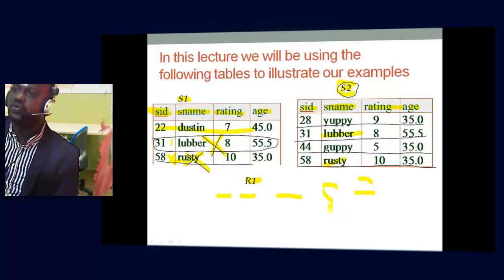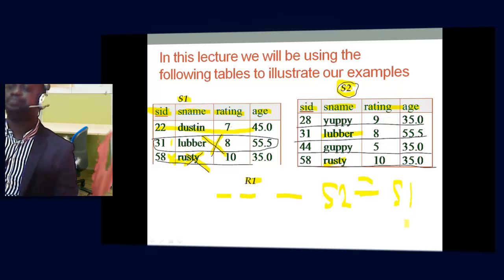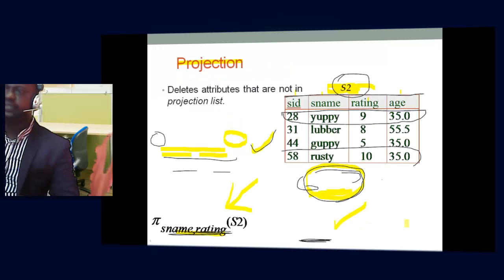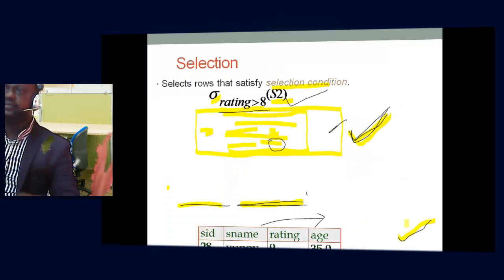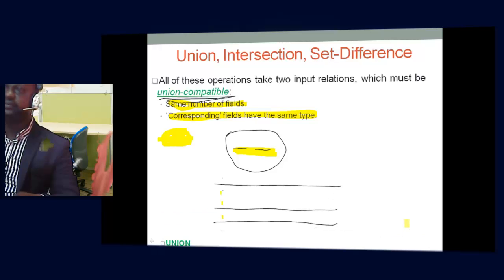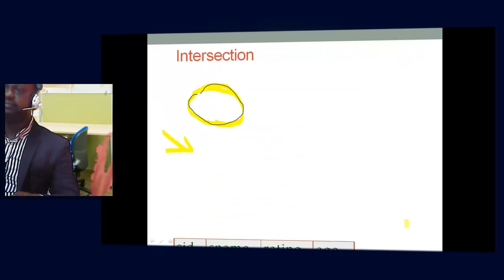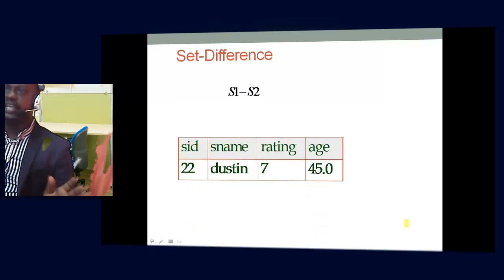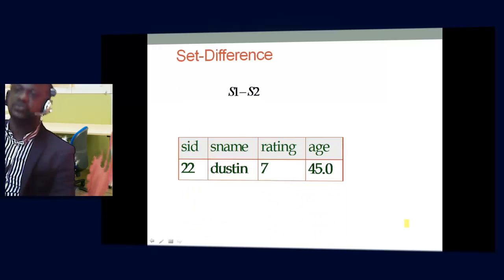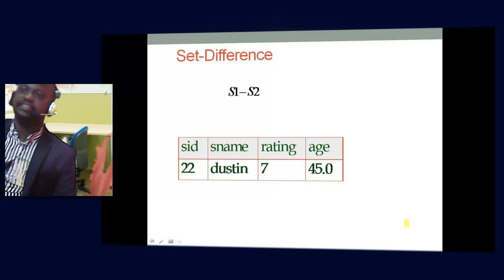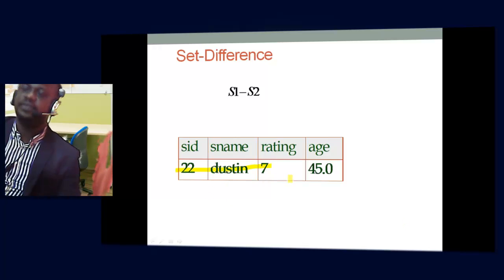So that is the difference for you. So the difference S1 minus S2 gives 22-755 as the result.